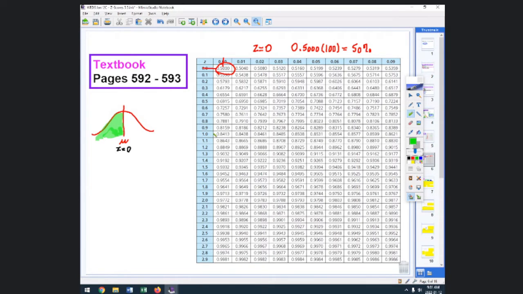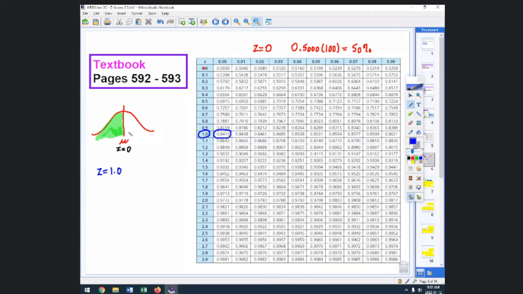Okay? If I move to a Z-score of 1, I'm picking these on purpose because these guys are the ones that we started with. So if I go to a Z-score of 1.0, I would come down here to 1, and then this one is at 1.0. So if Z is equal to 1.0, I would have this value.